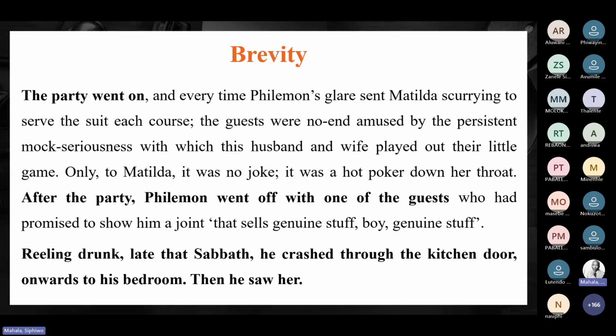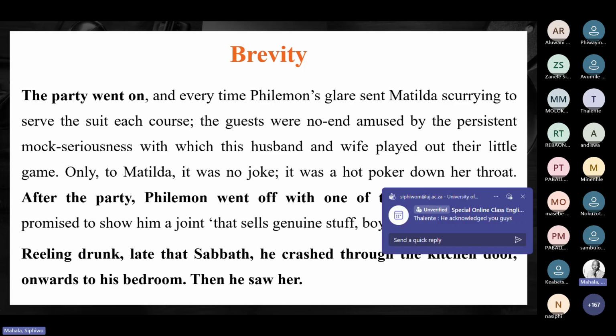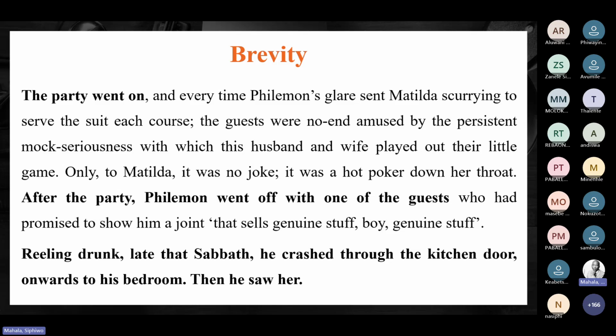Right? Let's read this extract. It says, the party went on, and every time Philemon's glare sent Matilda scurrying to serve the suit each course. The guests were no end amused by the persistent mock seriousness with which this husband and wife played out their little game. Only to Matilda, it was not a joke.